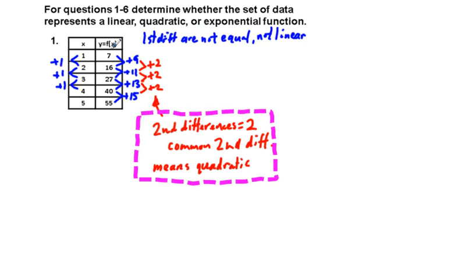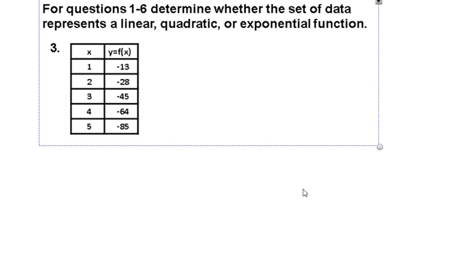In this set, I'm going to do the odd number problems 1, 3, 5, 7, 9, 11. So let's go over to our next odd number, 3. We're going to put forth a similar analysis. And to do that, I'm going to look first to first differences.